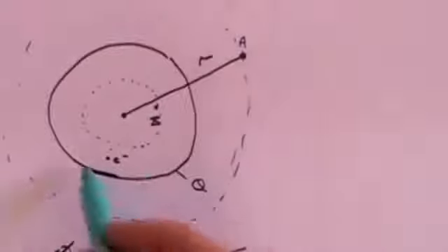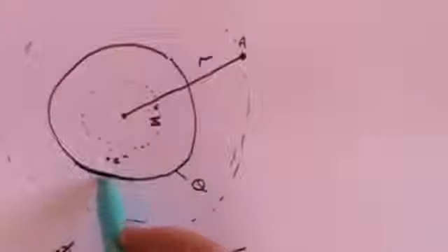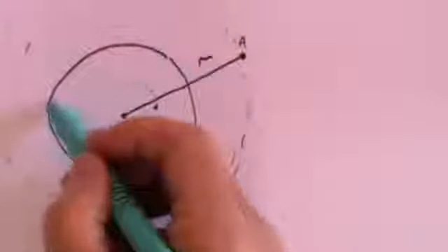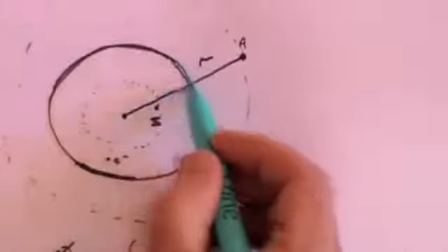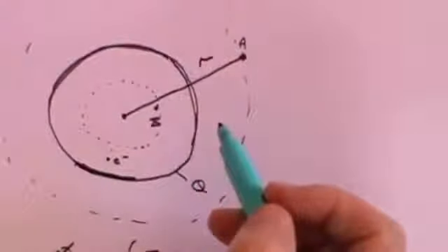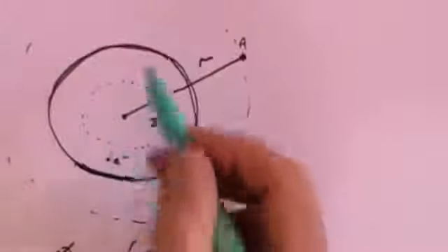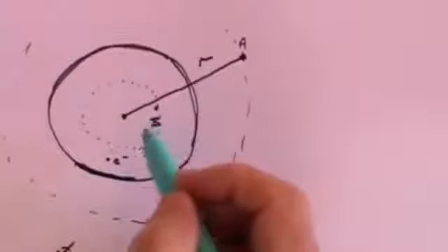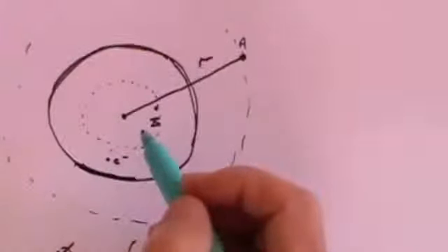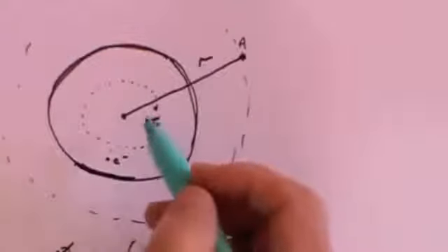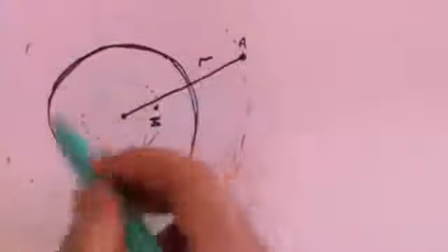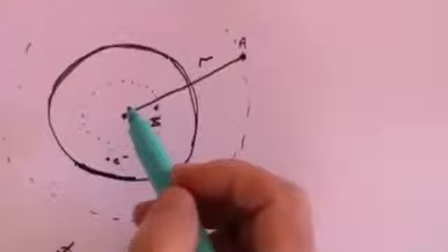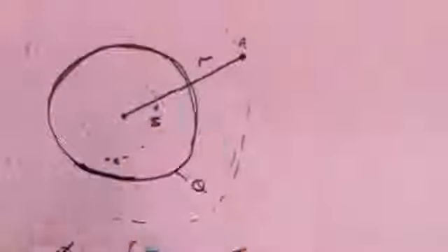But although there is a very close charge on this bit of the sphere here, there is a much greater charge on the other side of the sphere, but it's further away. And the effect is they cancel each other out. So within the metal sphere, there is no E field, which means there's no force to act on any charged particles. Any charged particle inside a metal sphere on which a positive or indeed negative charge has been placed will not move, because there'll be no E field acting on it.